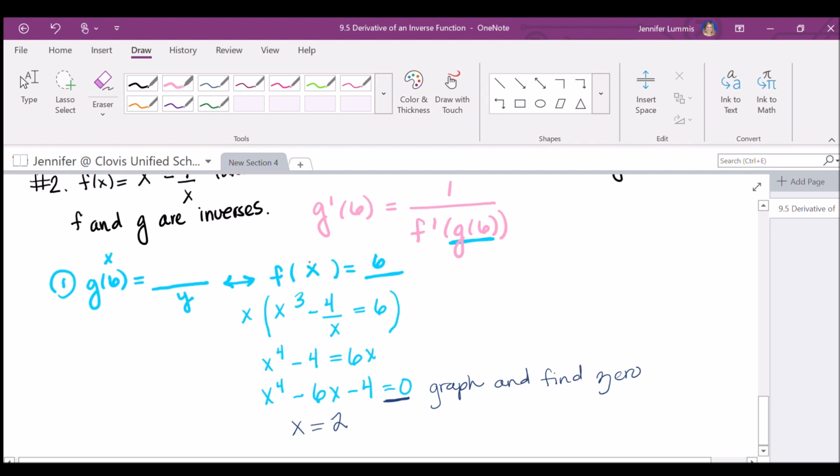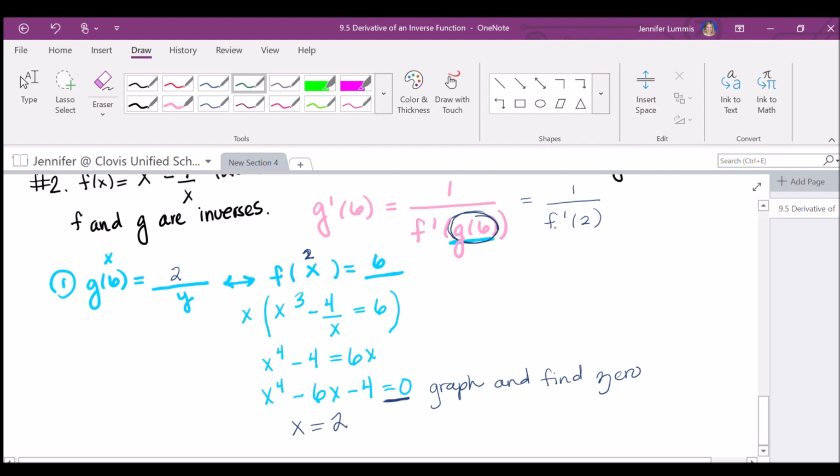This tells us that f of 2 equals 6, which means g of 6 is equal to 2. So that is this inner value here. Now my function becomes 1 over f prime of 2, the derivative of f at 2.